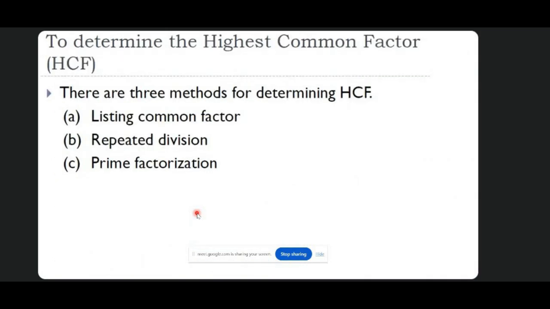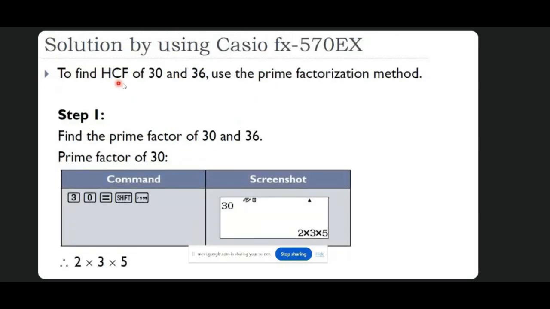To determine the highest common factor and the lowest common multiple, they can also use this method, but they need some steps to actually calculate the HCF and LCM. To find the HCF, for example of 30 and 36, you need to find the prime factors first.